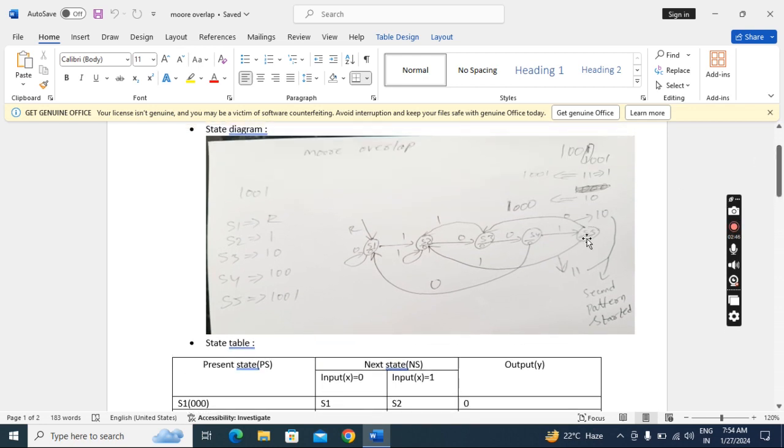See, when are we getting detection 1? When present state is S4, okay, and when input is 1, we are detecting. And the next state is S5, we are detecting. So we have to look for S4 when input is 1.